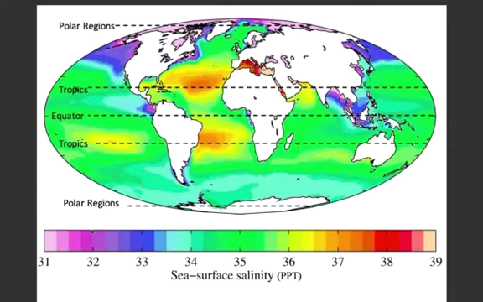Okay, so this is a map of the salinity of the world's oceans, and you can see those three regions that we had on the table on the previous screen. We have the equator, which is at 0 latitude, and then on either side of the equator is the tropics, and these are at 23.5 degrees latitude.